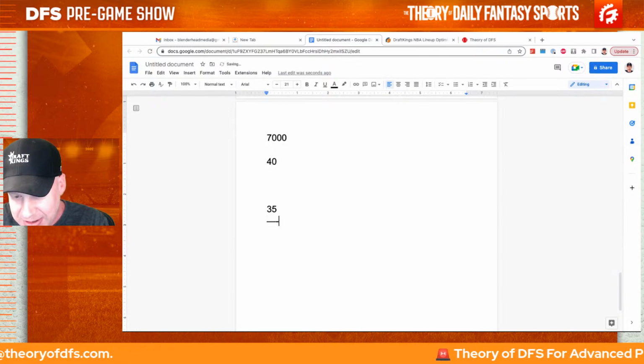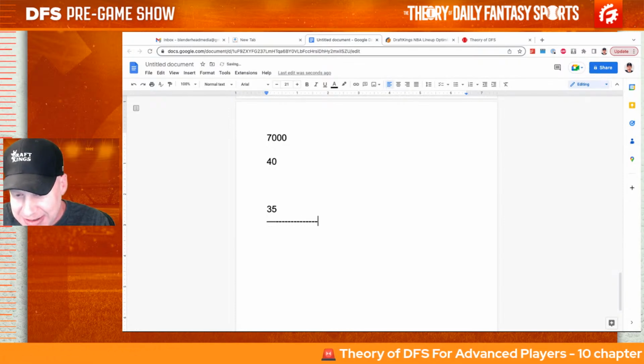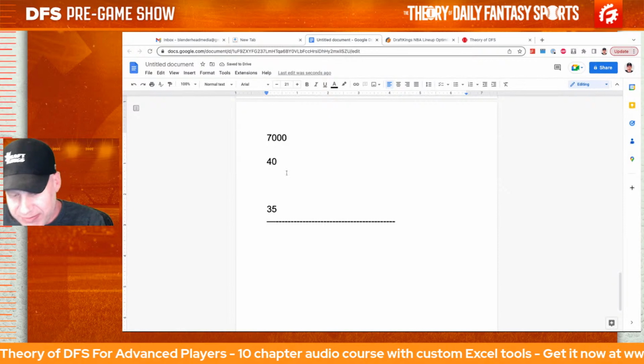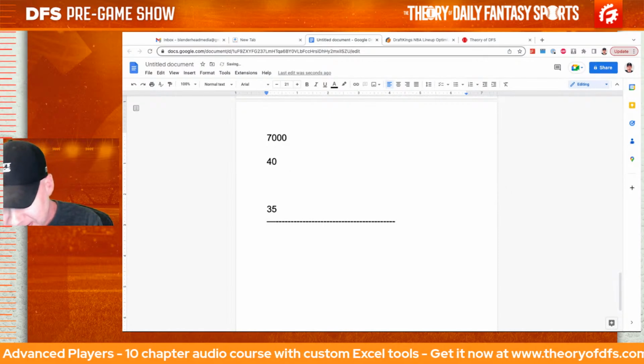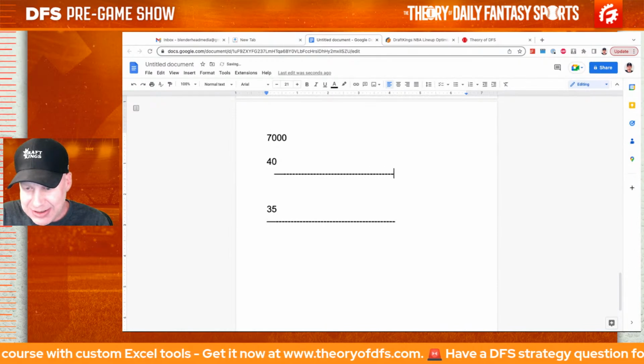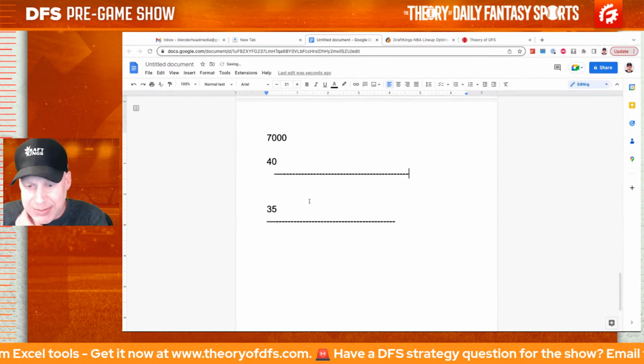Let's say 35 guy's line looks like this. This is his range of outcomes. The 40 is like this. That's about the difference.